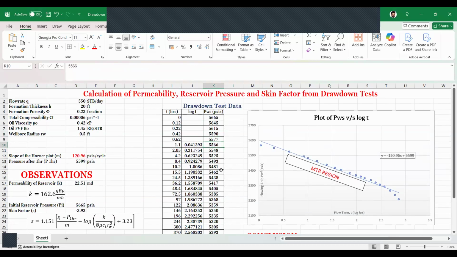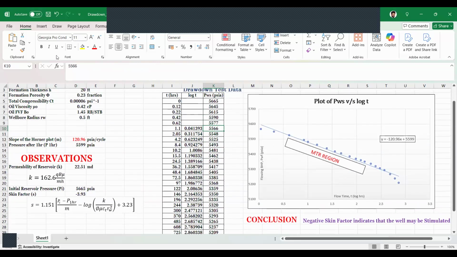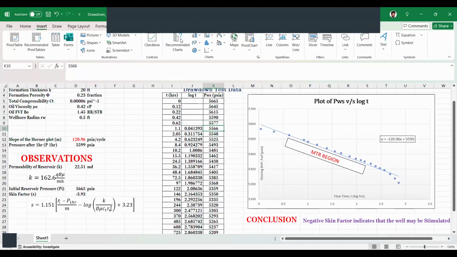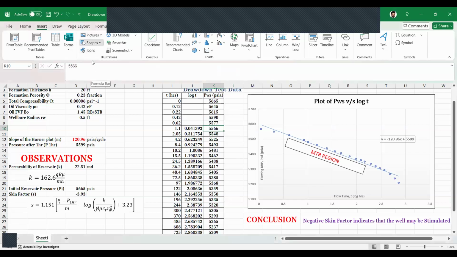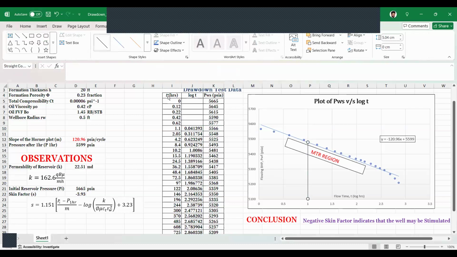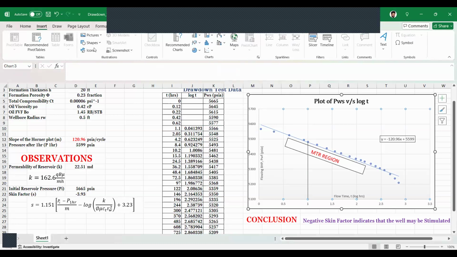Now we can also do it here. We can draw a vertical line and see what is the pressure after 1 hour. So let's draw a vertical line here and see. So shapes, okay. At time equal to 1 hour, what will be the pressure?